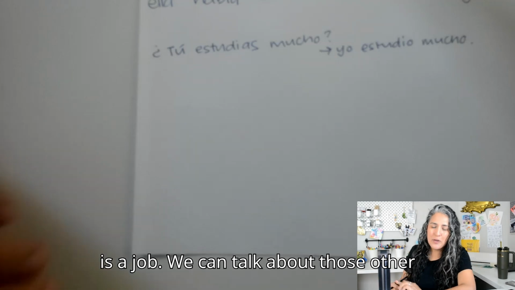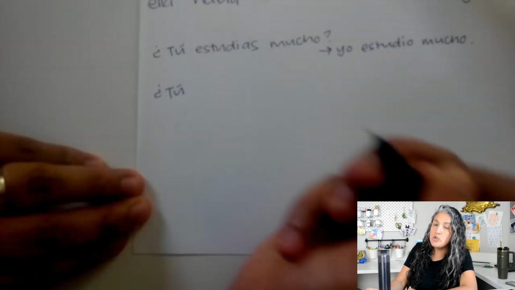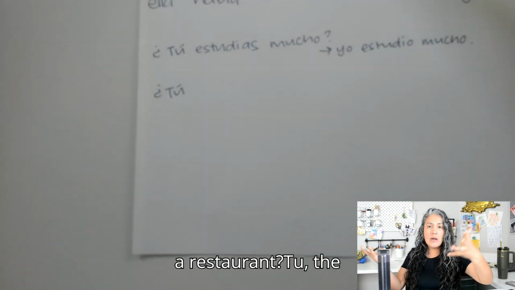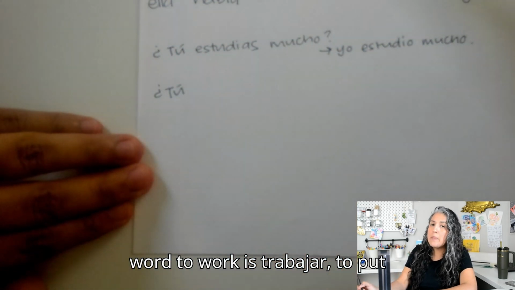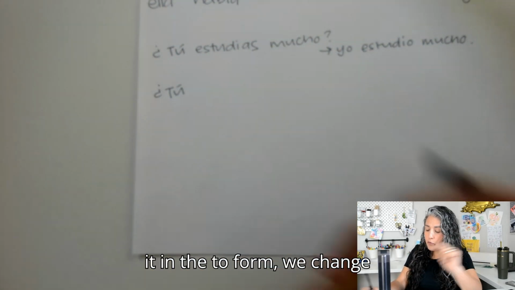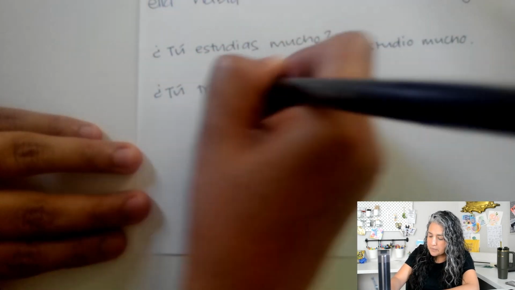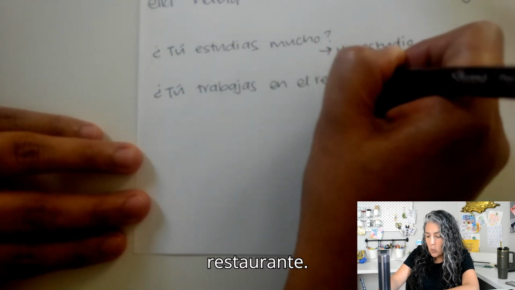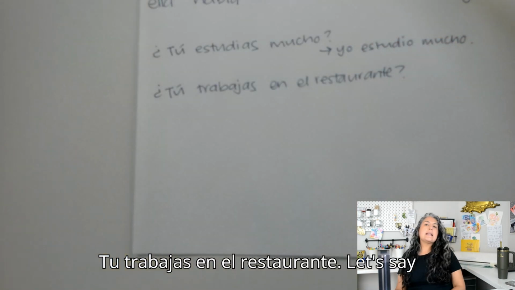We can talk about those other words another time. So, tú, do you work at a restaurant? Tú, the word to work is trabajar. To put it in the tú form, we change trabajas en el restaurante. Tú trabajas en el restaurante.